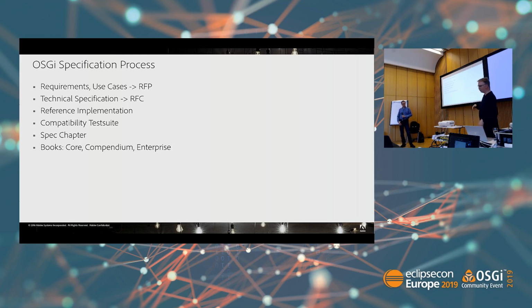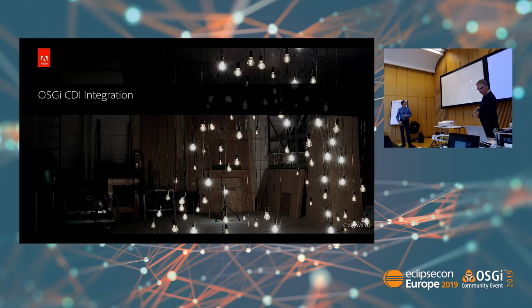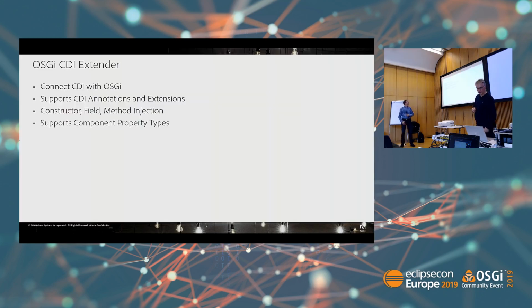Okay, so that's just to give you the idea. And let's start with the first topic, which is something we did as part of R7. So it's available, it's released, it works very well. That's the CDI integration. It's a CDI extender, to be more correct, and it basically connects in some way CDI with OSGi.